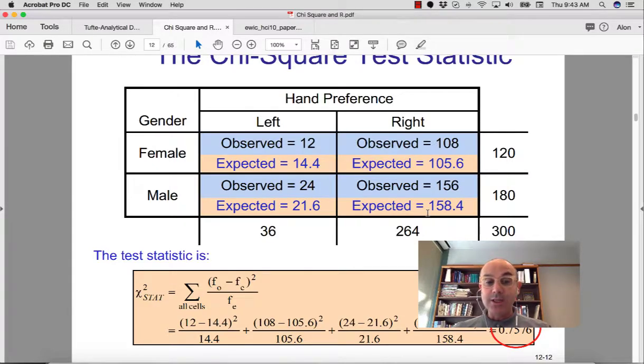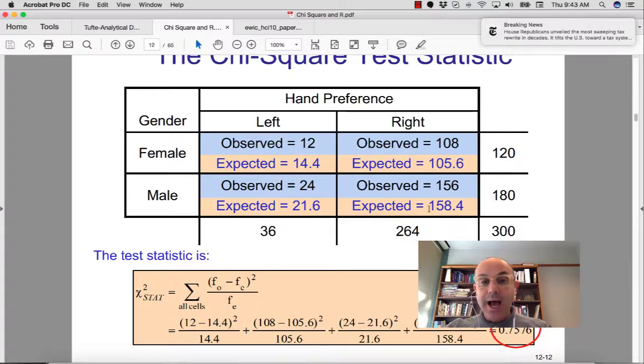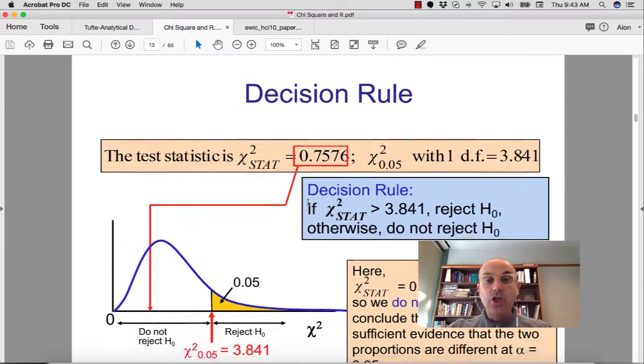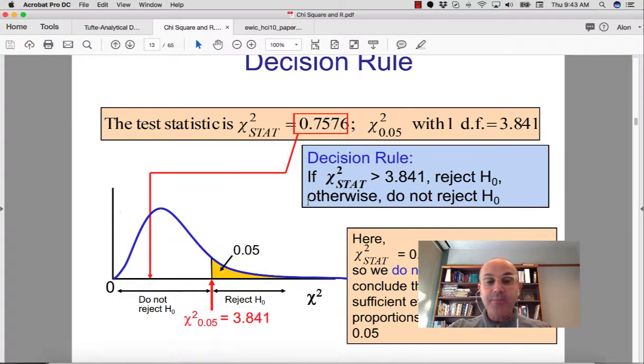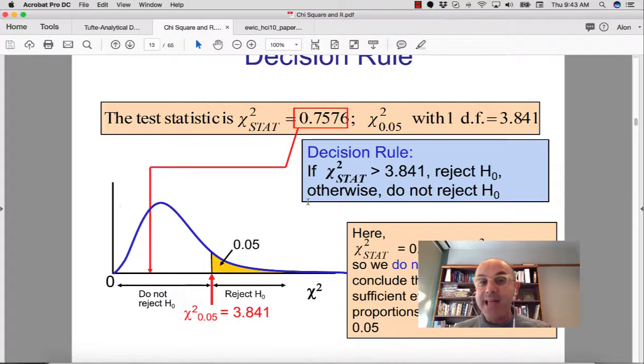0.7576, which is the score of the chi-square test. So the decision in this case: where does it all come down to? The test is the x square statistic, which is equal to 0.775, and the x square at 0.05 with 1 degree of freedom is 3.841.